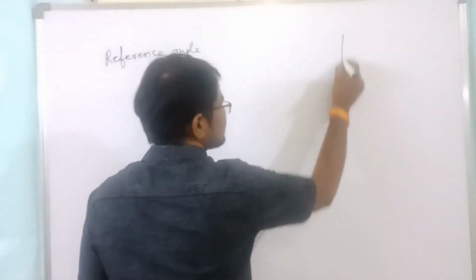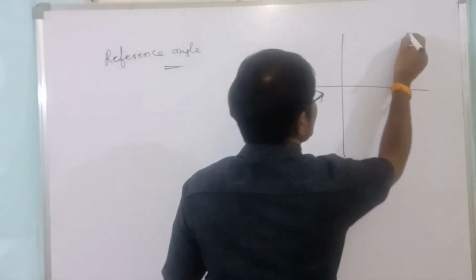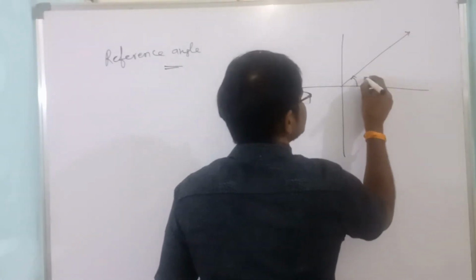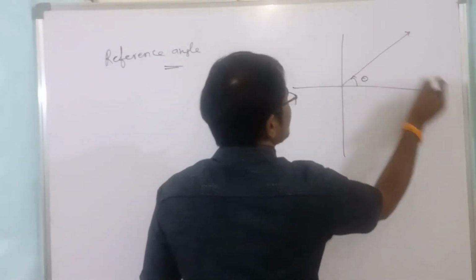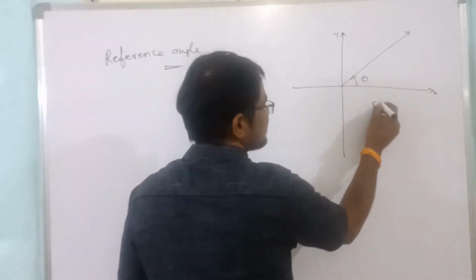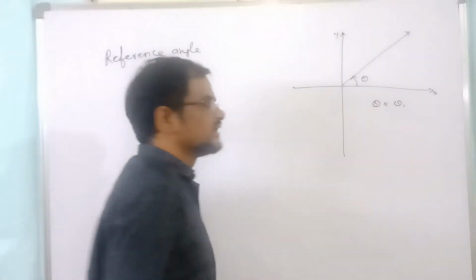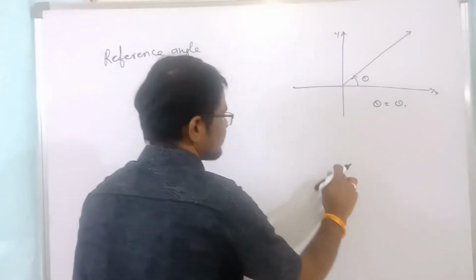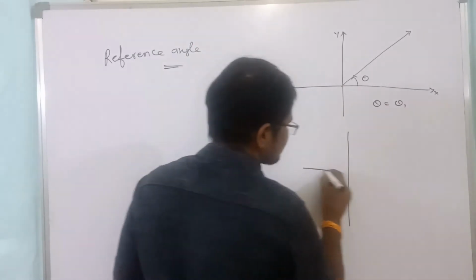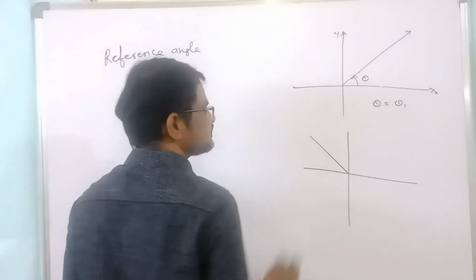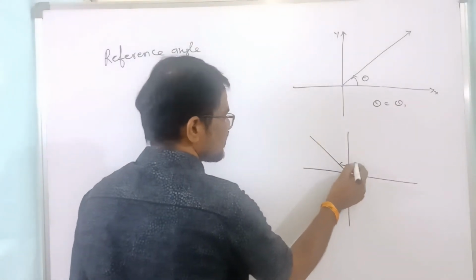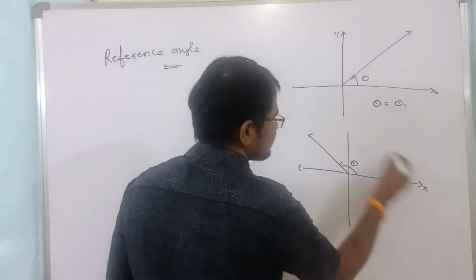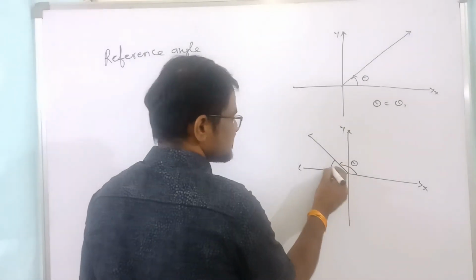So, we know that if the angle is in the first quadrant, the reference angle of theta is the same as theta, right? Suppose the angle is in the second quadrant, this is theta. The reference angle of this theta is here, theta 1.